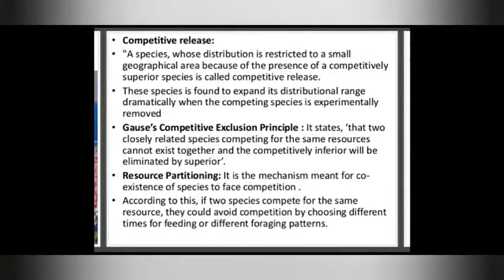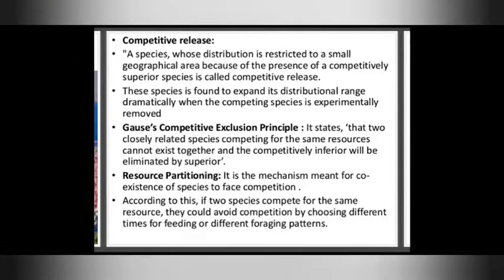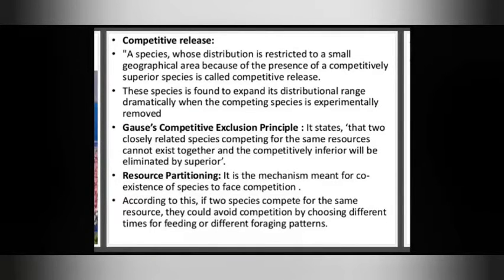The species is found to expand its distributional range dramatically when the competing species is experimentally removed. This is called competitive release.